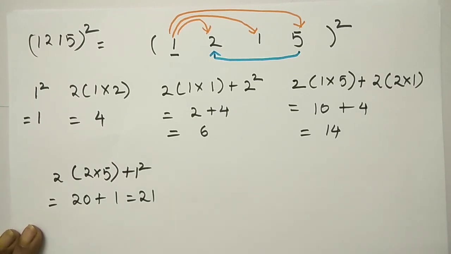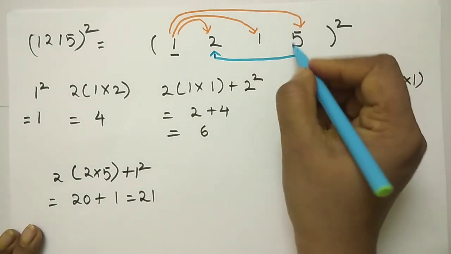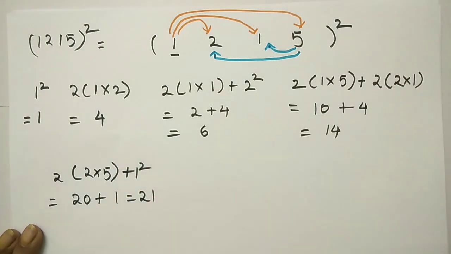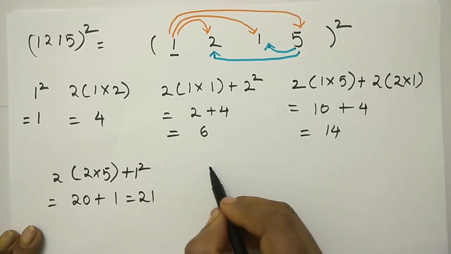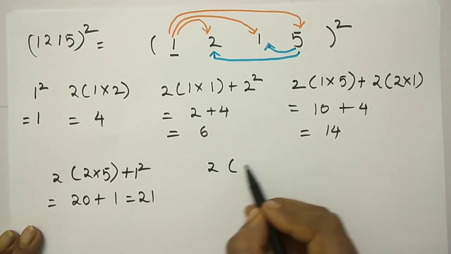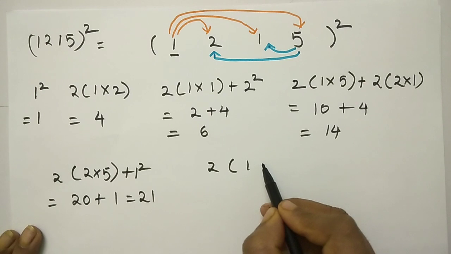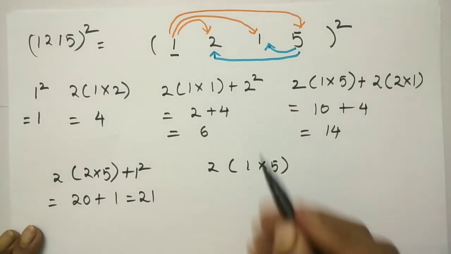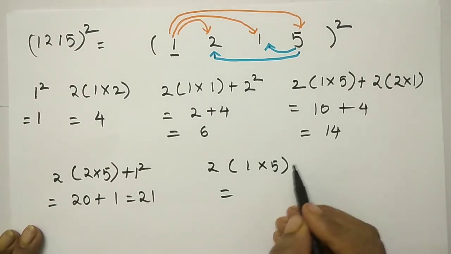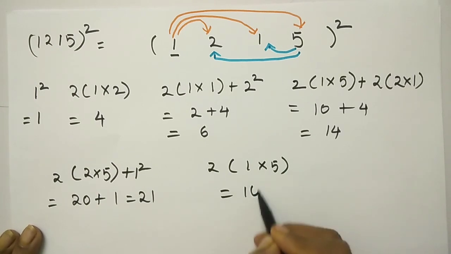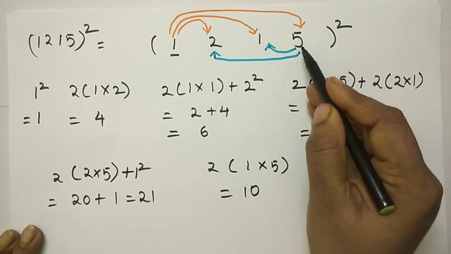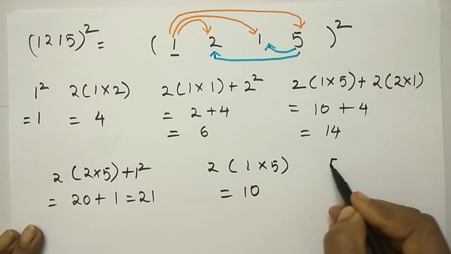Next you have to multiply these two. So this will be 2 into 1 into 5. In the middle no number is there, so just leave it off. You will get 10. So at last you are left with 5. Write the square of that number.